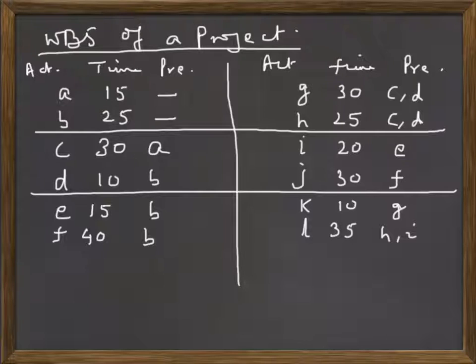Time has been estimated, and activity A takes 15 days, activity B takes 25 days. The unit of time given here is days.